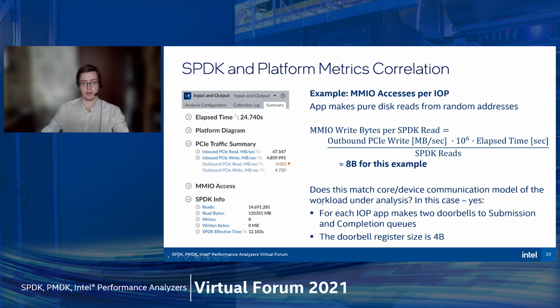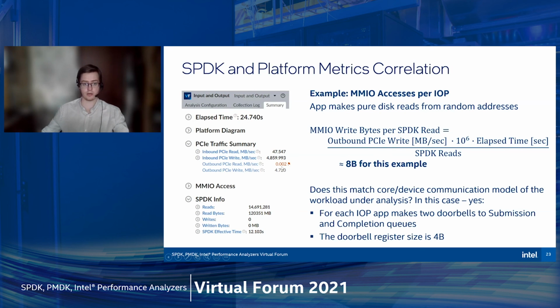So in the collected result, you can find the full outbound PCIe write bandwidth. You can see how many reads your application made, and you know the collection time. So from these 3 parameters, you can easily calculate how many bytes were written through MMIO for each application read.